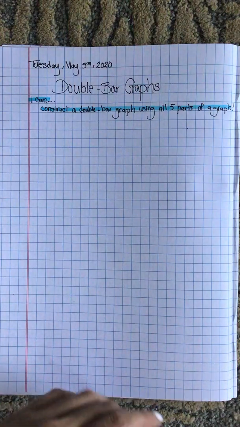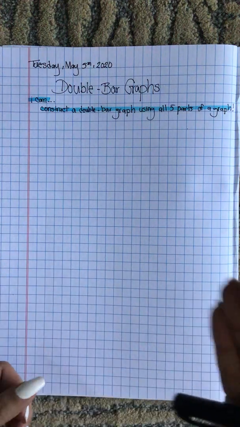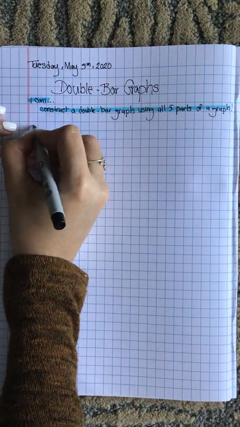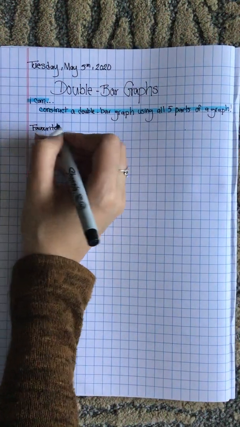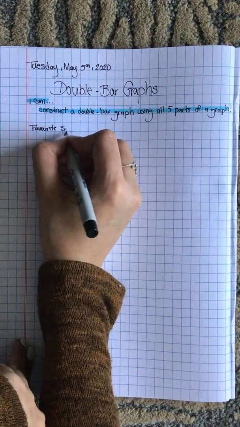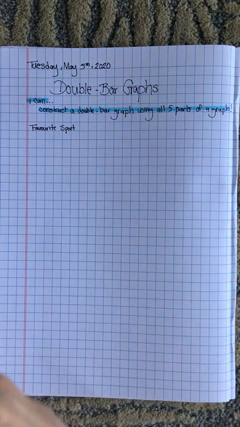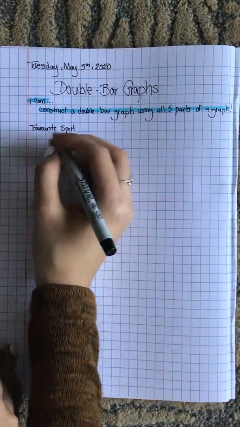Now, we're going to use the same chart that we had from yesterday, but I'm just going to add the second element to it. So let me draw what I had. I had favorite sport. Let's keep it very similar so that you can see the difference.